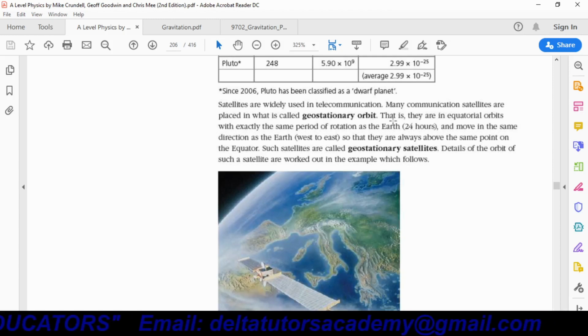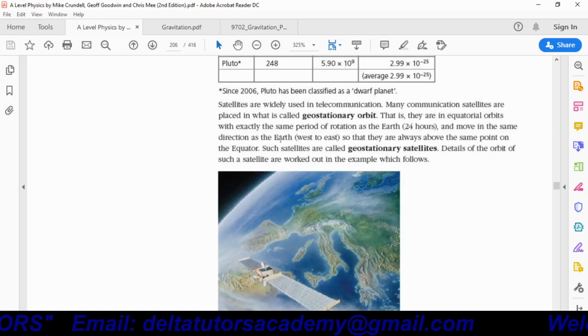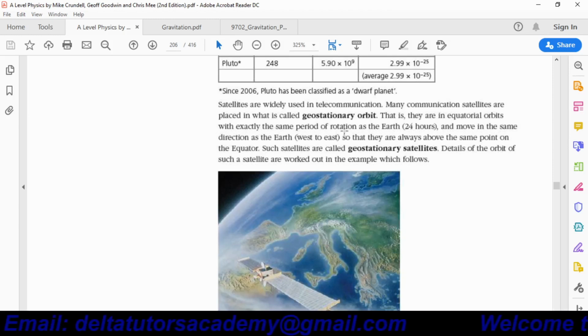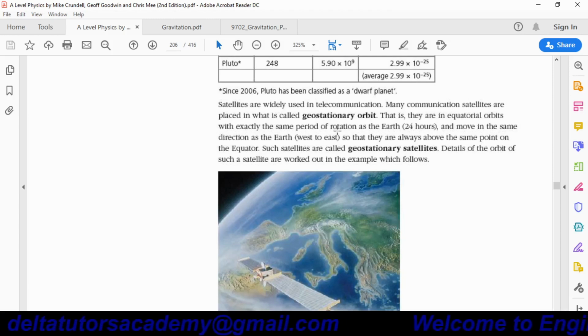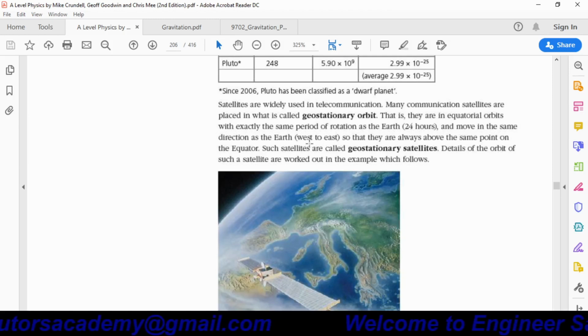First condition, they are in equatorial orbit. Second condition is that the time period of the geostationary orbit should be equal to the time period of Earth, with exactly the same period of rotation. Third condition is that the satellite should move in the same direction as the direction of Earth.